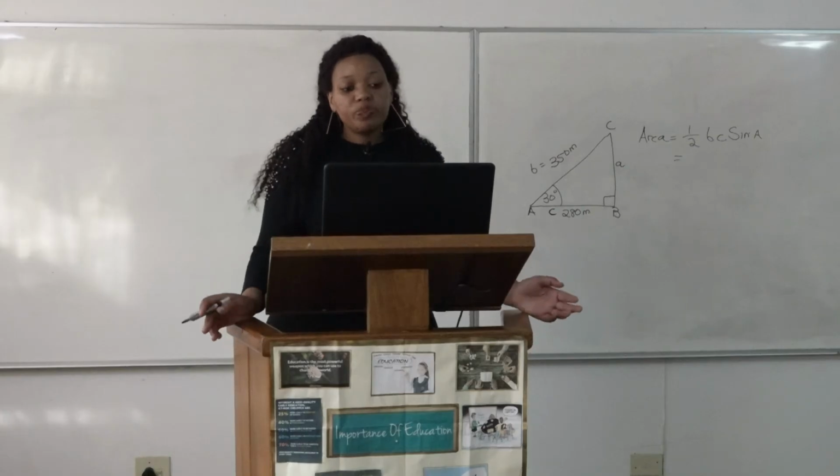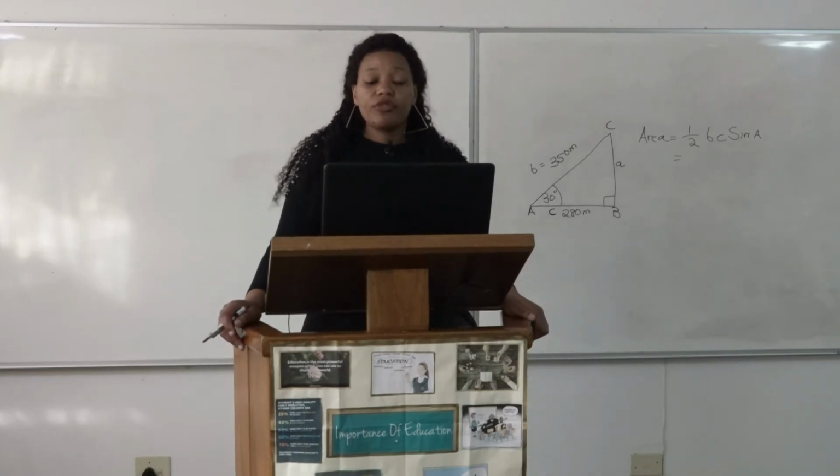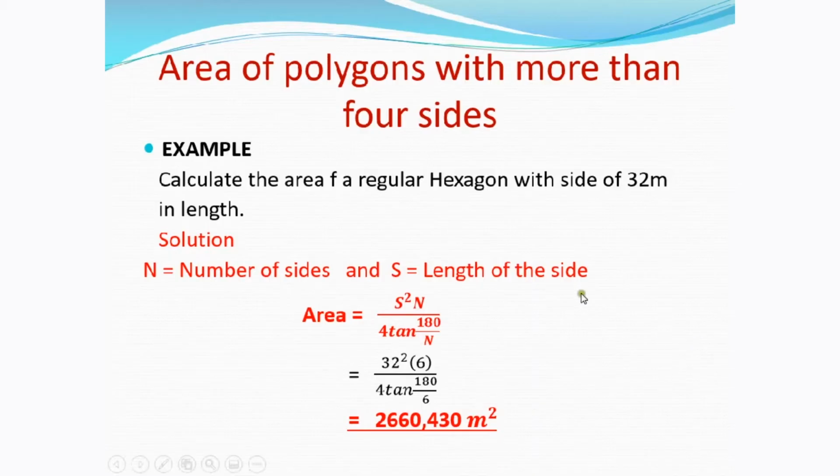Let us go to areas of polygons with more than 4 sides, which can include pentagon, octagon, and hexagon, etc. Let us look at the example here. Calculate the area of the regular hexagon with the side of 32 meters in length.